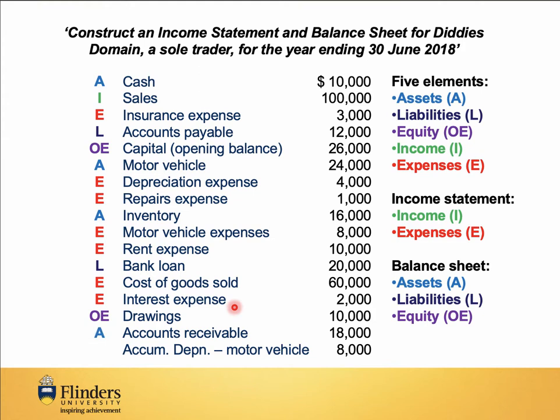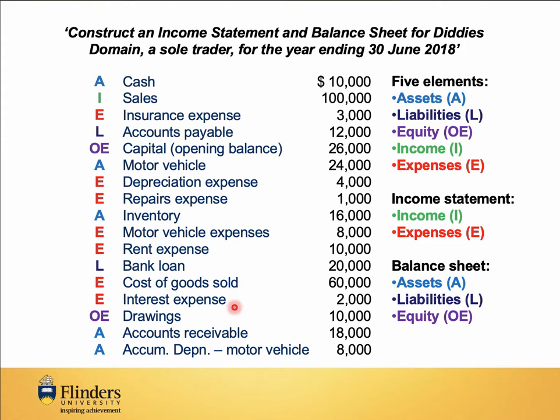Accounts receivable is when you've sold on credit and are expecting money back. And accumulated depreciation, as I said a while ago, this is a contra asset account. So we'll categorize that as an asset, but remember it's contra asset, so this will be a reduction of asset. It's a negative asset. So now that we know all this, let's prepare the income statement first.